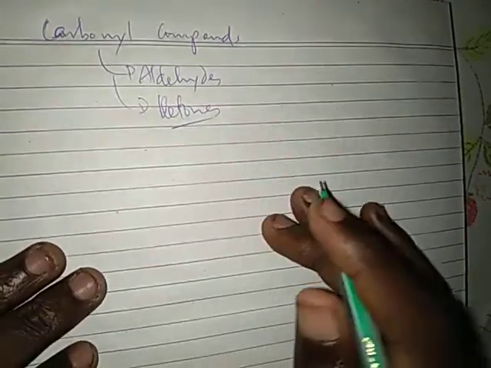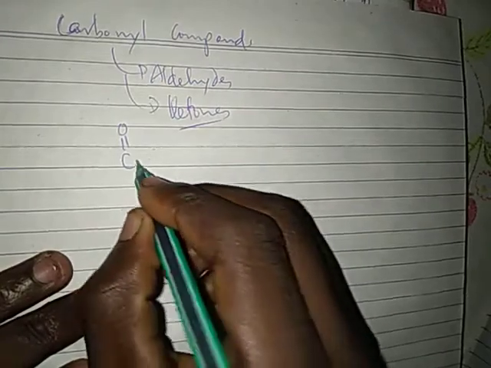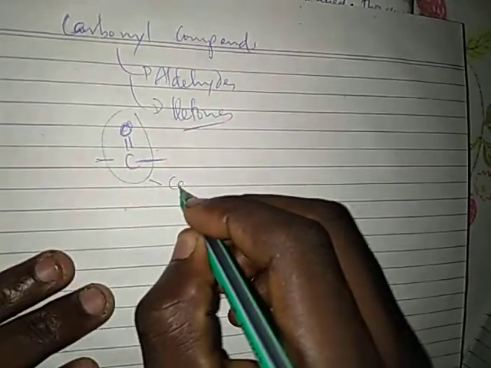What differs here is simply the arrangement of carbon atoms. In order for a compound to be called a carbonyl compound, it should have a carbon with a double bond to oxygen. This is called the carbonyl group.